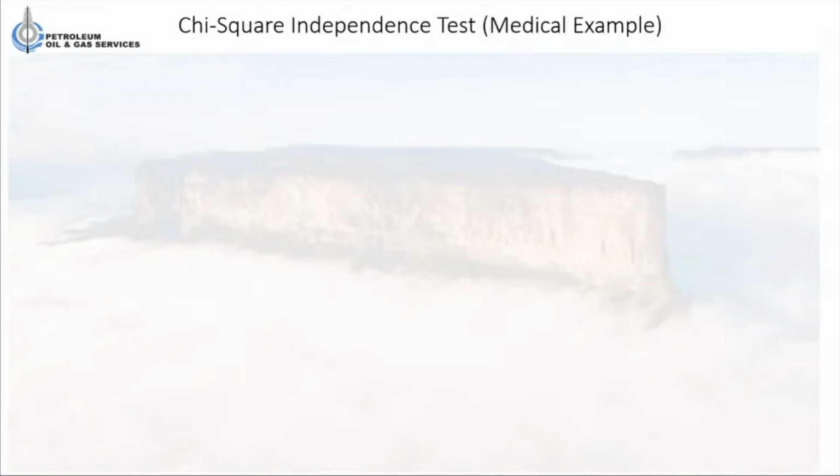So part of this statistical analysis is the chi-square independence test, and the chi-square test was created by Pearson more than 100 years ago, and this is frequently used in health and medicine or biology or social sciences.